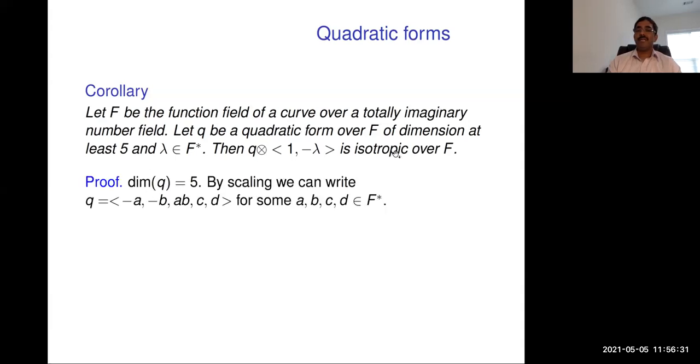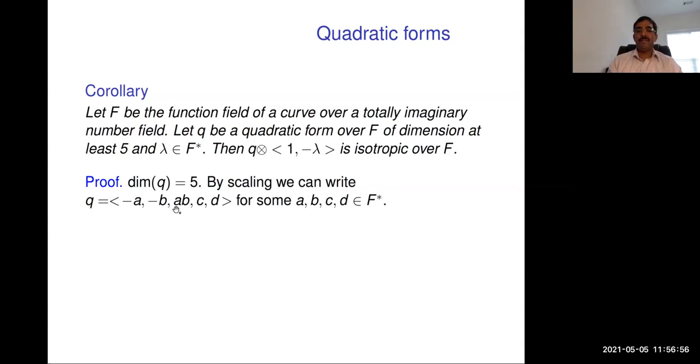Without loss of generality, we can assume the dimension is 5, because we can take any 5-dimensional subform of Q, and if that tensor this is isotropic, then Q tensor 1 minus lambda is isotropic. So we can stick to dimension 5. And again, a quadratic form is isotropic if and only if any non-zero scalar times that is isotropic. So by scaling, you can write this Q as the form with entries 1, minus A, minus B, AB, and so on.